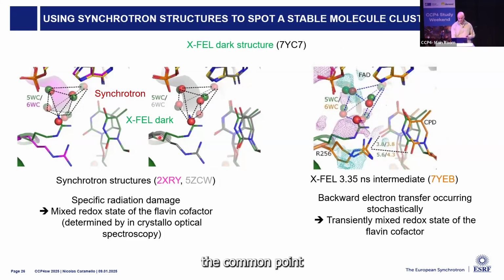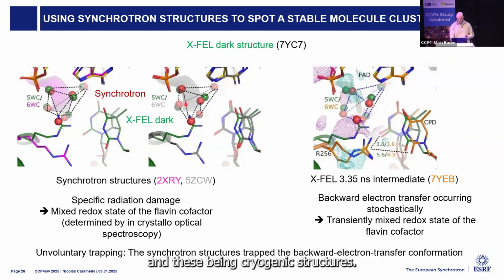And the common point between the synchrotron structures and these time points is this mixed state of the flavin cofactor. So that's why this one also features a 6 water cluster, despite this one being room temperature and these being cryogenic structures. So here is an example of really involuntary trapping.